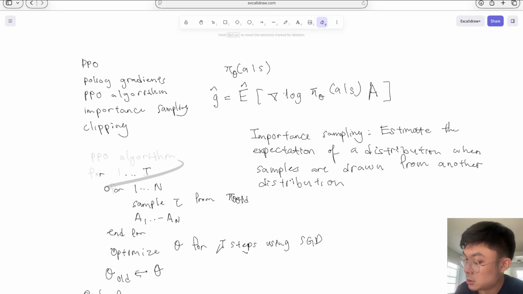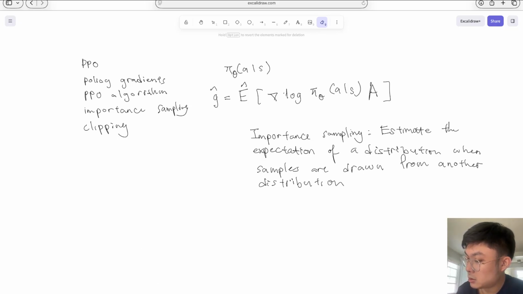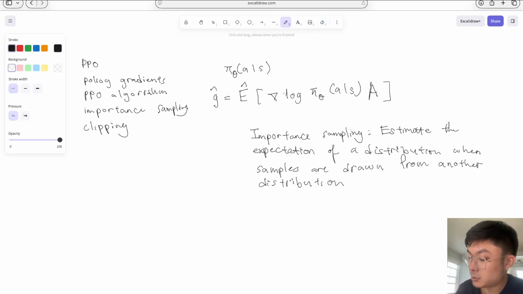Okay, let's go through the importance sampling. Suppose we have some new distribution p which we want to find out.